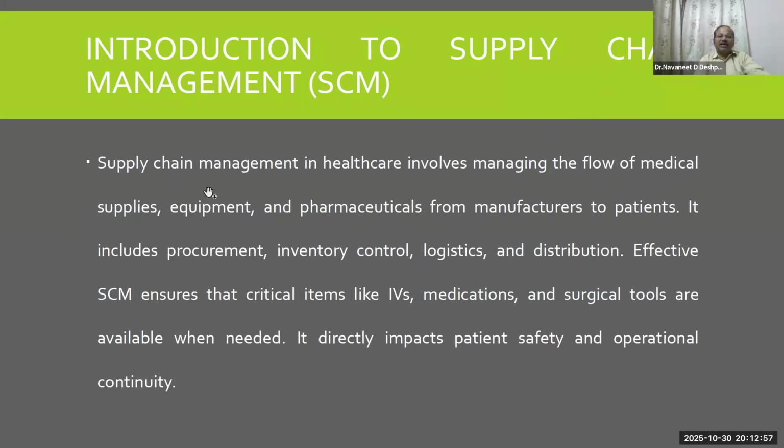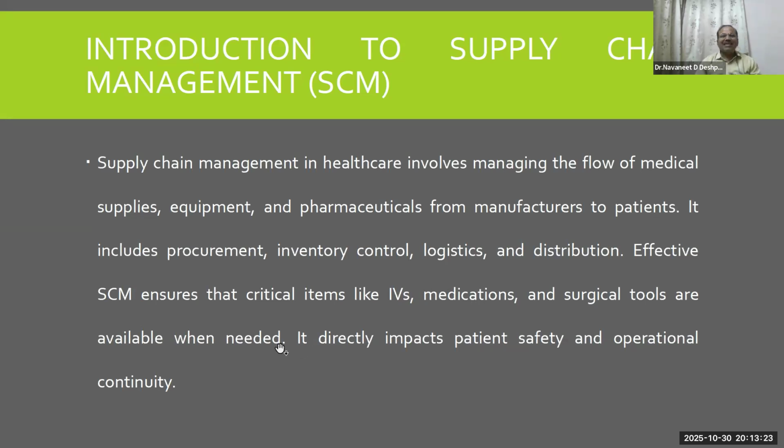It includes procurement, how to procure, which are the listed vendors, what kind of inventory control they can have, what kind of logistics and distribution they have. Understanding the effective SCM ensures that critical items like IVs, medications, the intravenous, and surgical tools are available when needed.